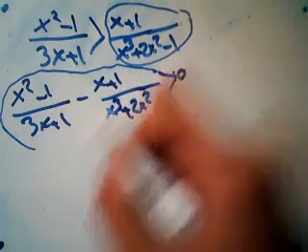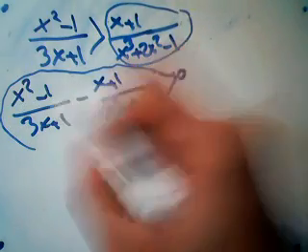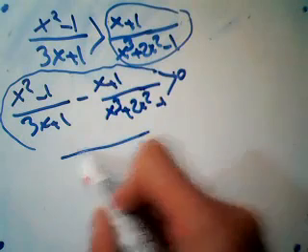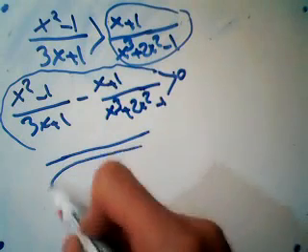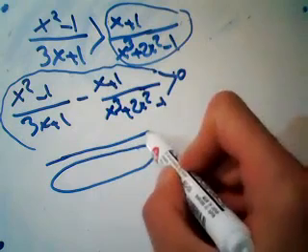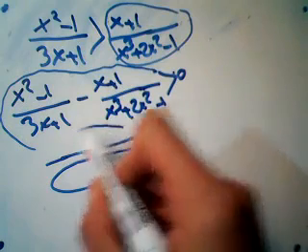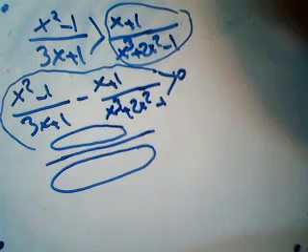And here we should subtract these two and write it as a single fraction, we would have some polynomial as the numerator and some as the denominator.